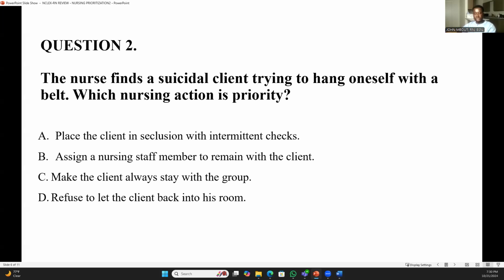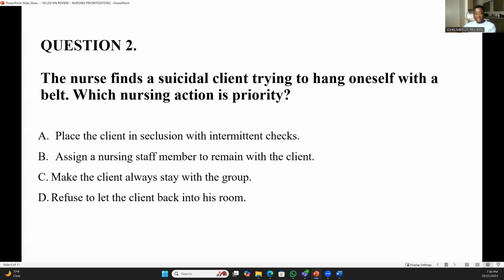So when we have conditions like suicidal condition, the priority here is one-on-one staff to client, right? This is very important. This allows the client to keep self-esteem and keeps the client safe. A, you cannot do seclusion. Seclusion is isolating the client and keeping the client alone.